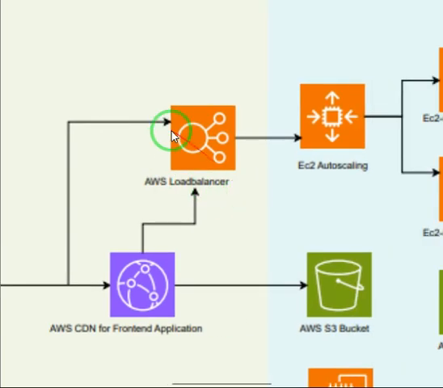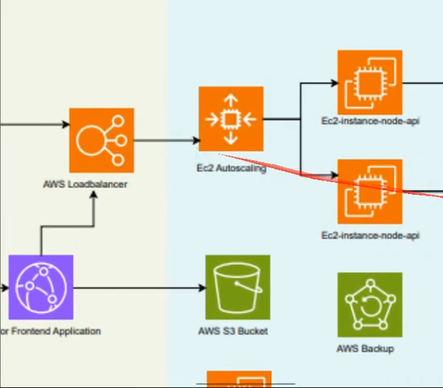So this load balancer is attached with an autoscaling group, and in the autoscaling group I implemented AWS EC2 autoscaling to automatically adjust the number of EC2 instances based on the website traffic demands. This ensures optimal performance, availability, and cost efficiency.